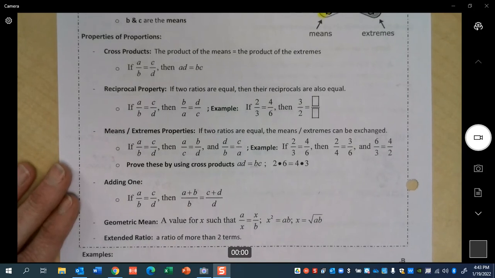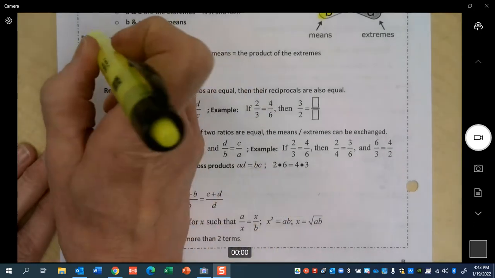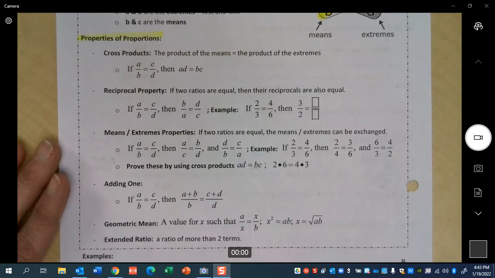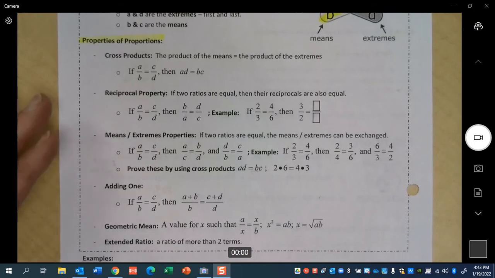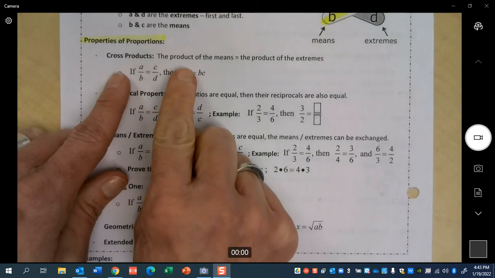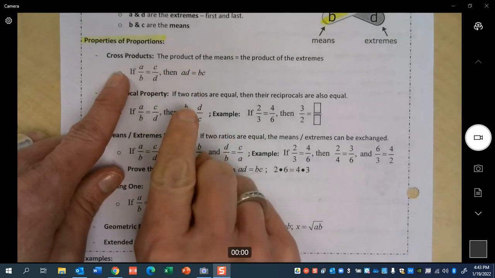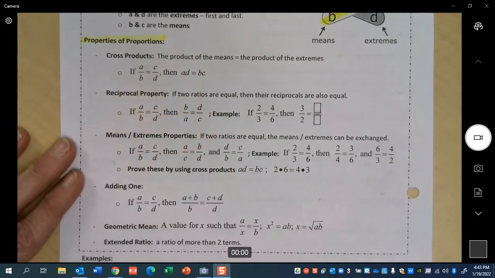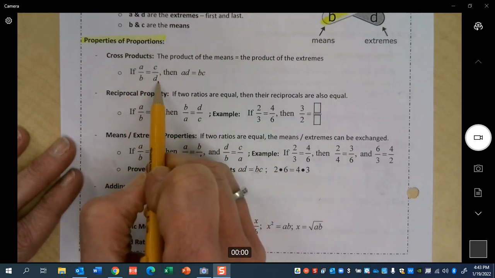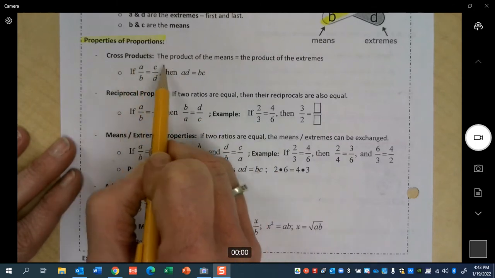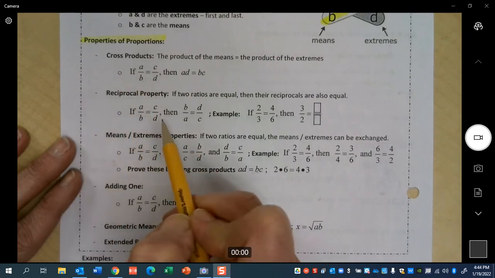When we talk about the properties of proportions, there's a bunch of different tricks that we can use to solve for these proportions. We talked about in the skill review about how we can multiply each side by a value and justify what it is that we're multiplying. I could multiply each side of this by D to cancel this out, and multiply each side by B to cancel this out.